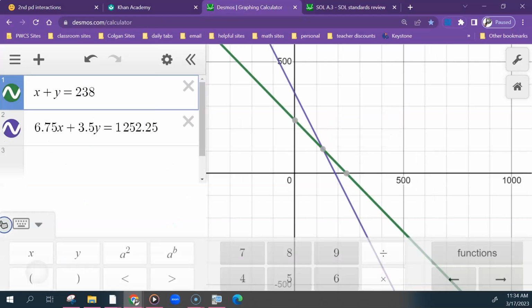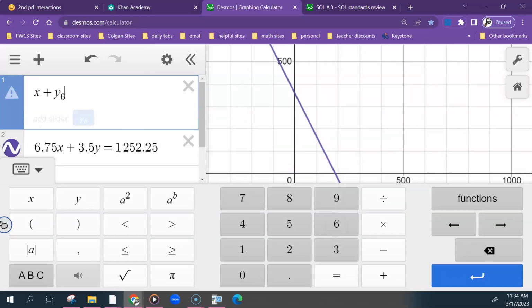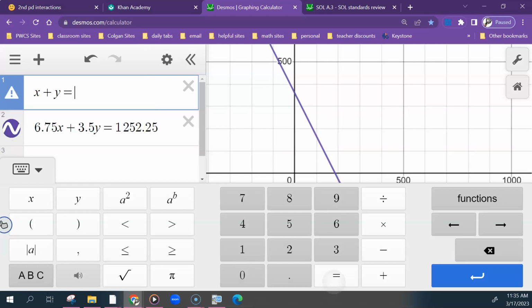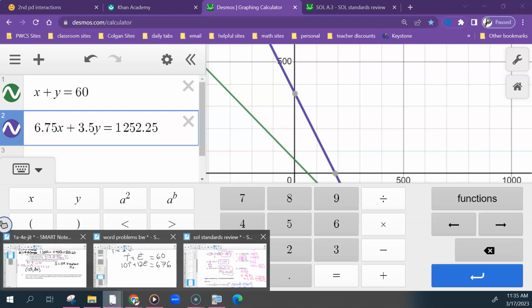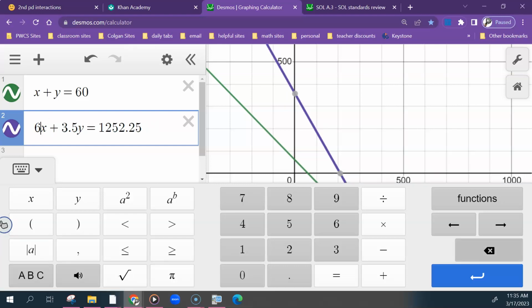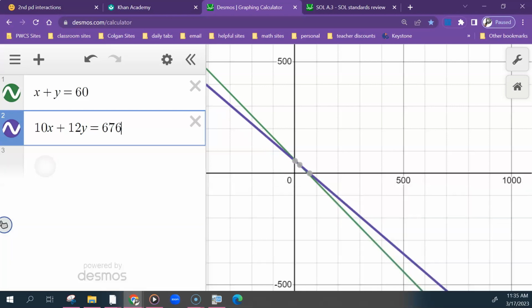So x plus y equals 60. And then 12 equals 676. Then we have 22 and 38.